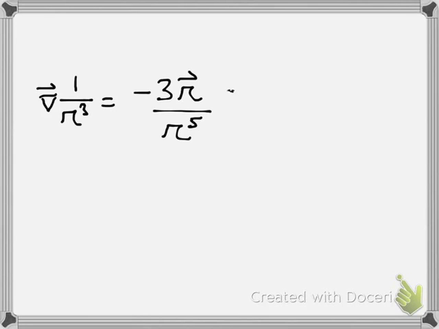Now I return to the identity I started with, where I identified F and A as 1 over the magnitude of script R cubed and the vector script R respectively.